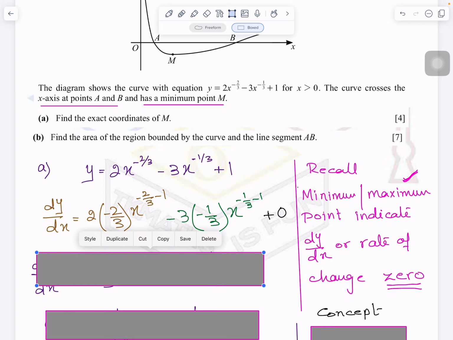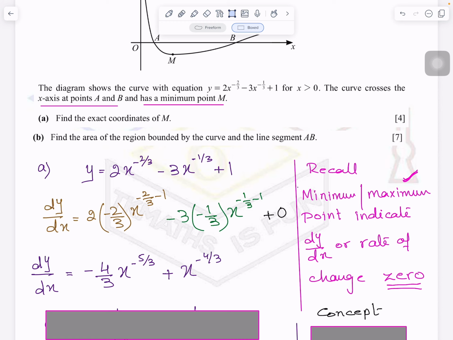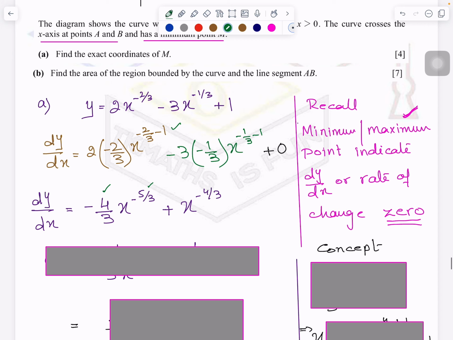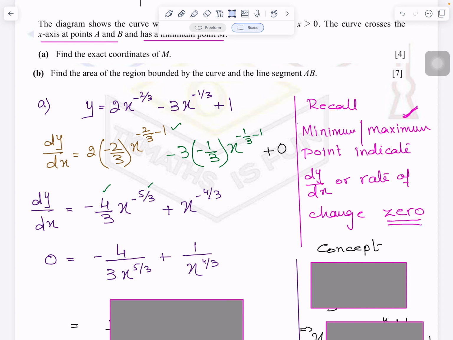So I have simplified further, and you can see here minus 2 upon 3 minus 1 will become minus 5 over 3, and I have simplified the fraction in both the terms. Now I will put dy over dx equals 0, because at the minimum or maximum point, the rate of change is 0. It's always easy to work with positive fractions rather than negative.